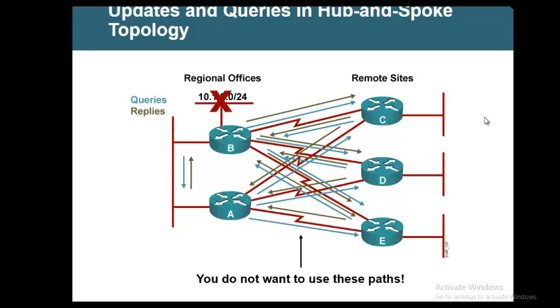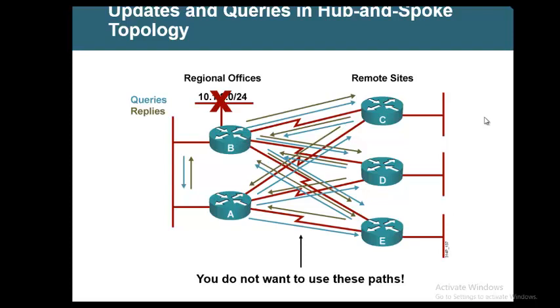Now, this is a big mess. This is the one that has a depth of the topology. The number of routers involved when the change occurs is too many. There are too many alternate paths. Some may not be an alternate path, a few may be.